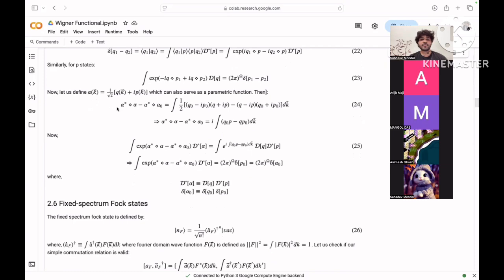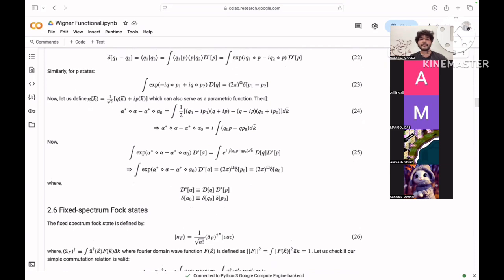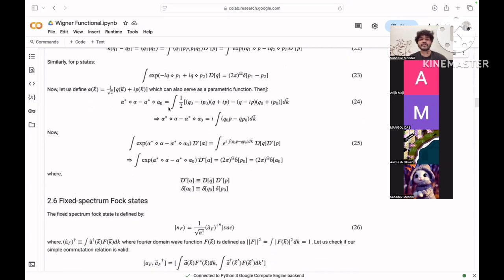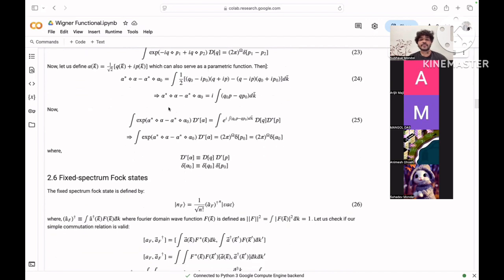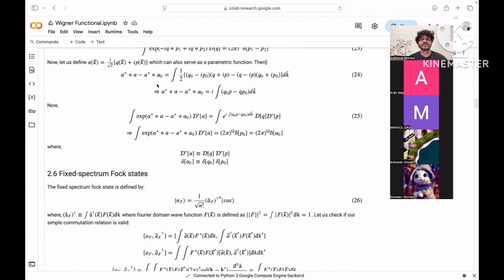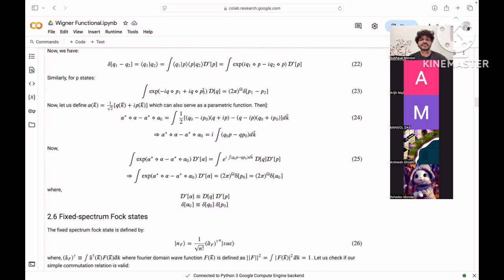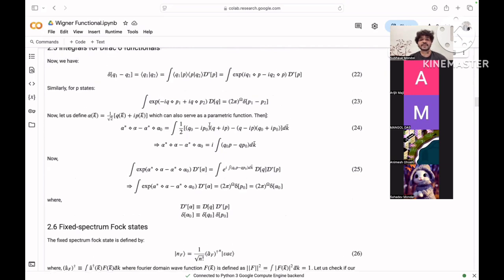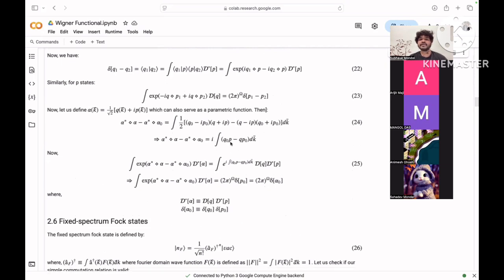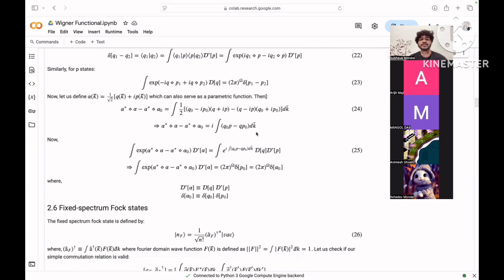And now let us define the alpha operator as a combination of Q and P operators. And this can also serve as a parametric function. In order to calculate the Dirac delta functional, we have to calculate this first. And this expression results in this one here, the integration of Q0 P minus Q P0 over k.